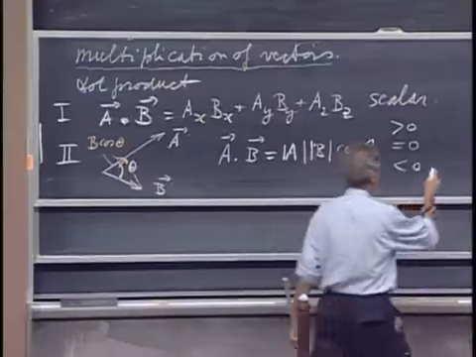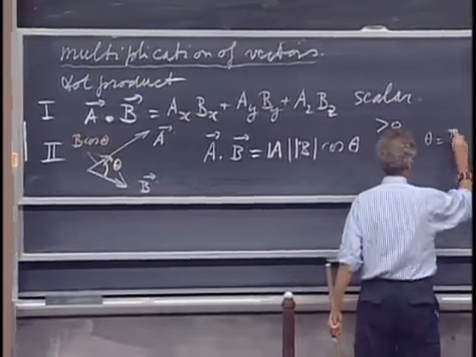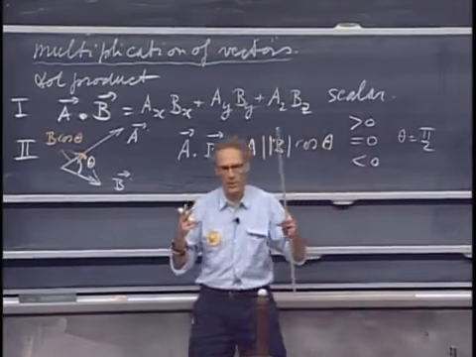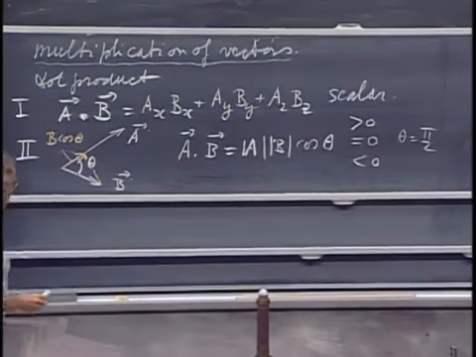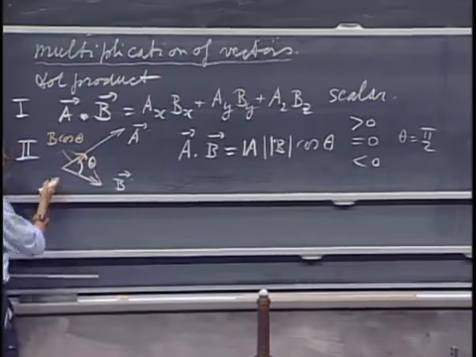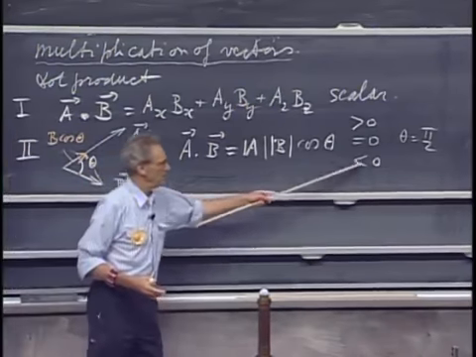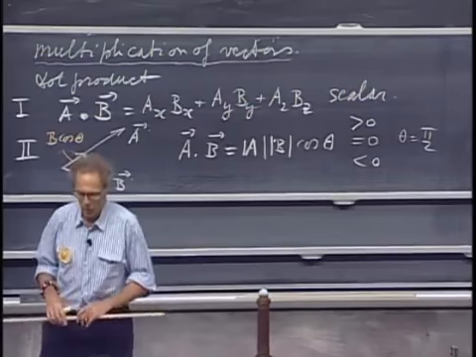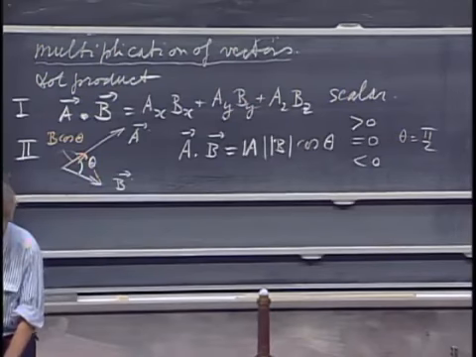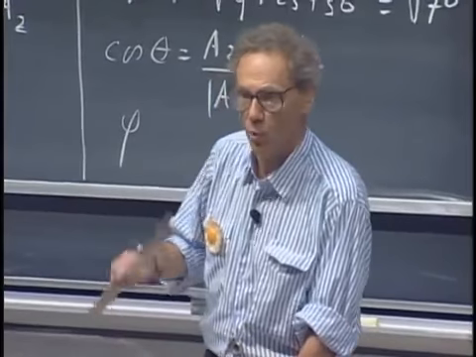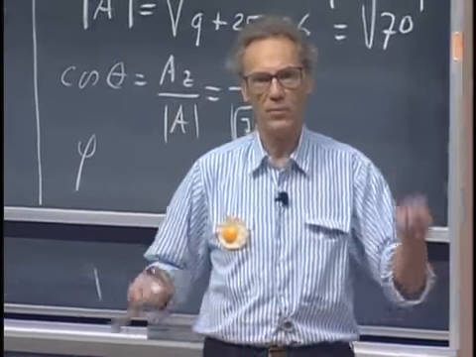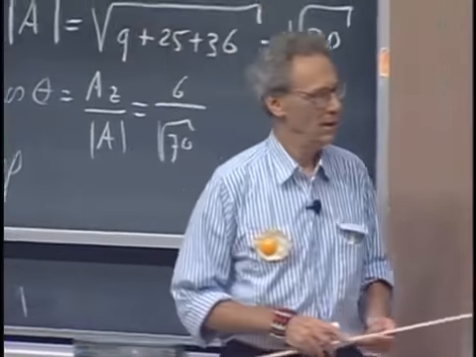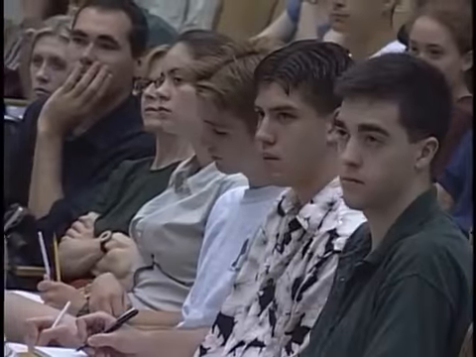If the angle theta is pi over 2, in other words, if the two vectors are perpendicular to each other, then the dot product is 0. And if this angle theta is between 90 degrees and 180 degrees, then the cosine is negative. We will see that at work, no pun implied, when we're going to deal with work in physics. You will see that we can do positive work and we can do negative work. And that has to do with this dot product. Work is a dot product.